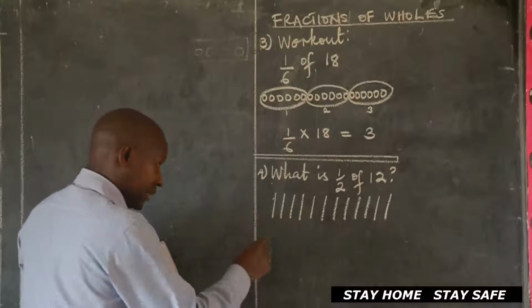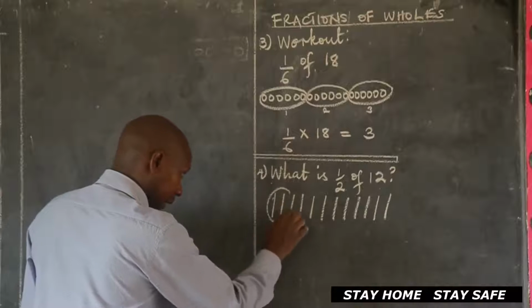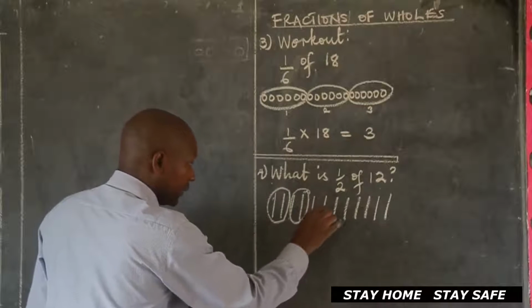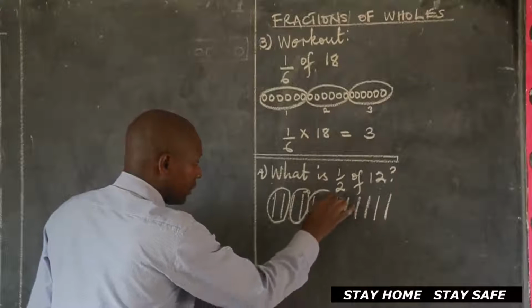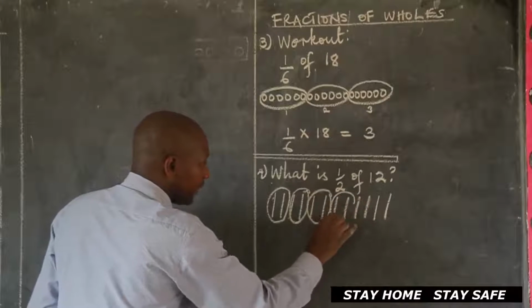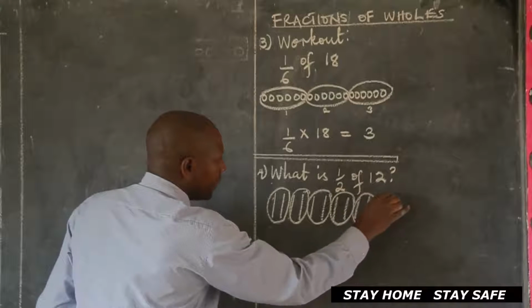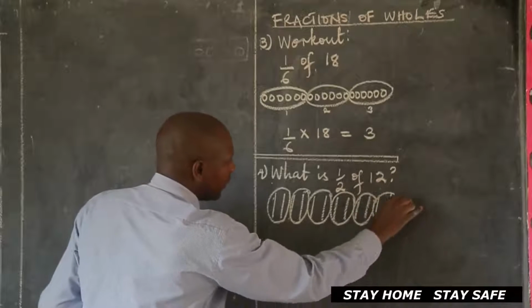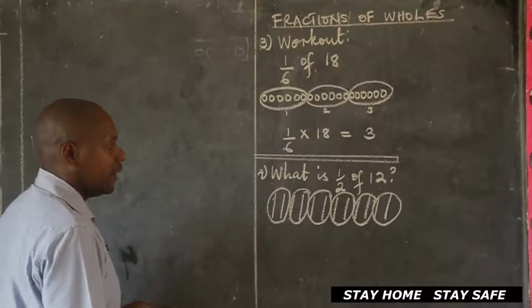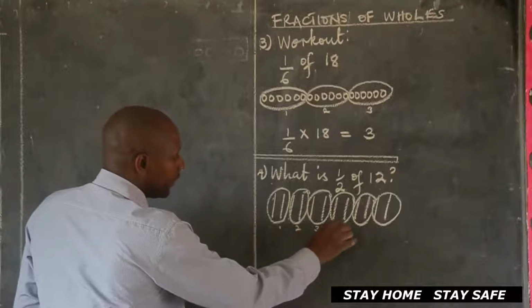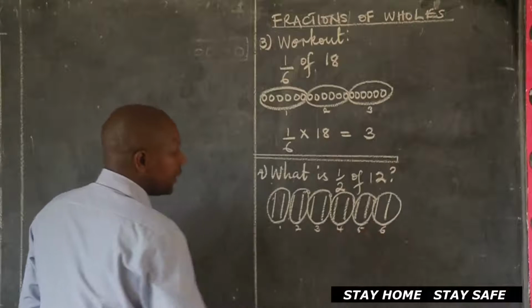You count 2, it's a group. 1, 2, another group. 1, 2, we have another group, and another, and another, until the last group, okay? Have you counted the groups you have formed? We have 1, 2, 3, 4, 5, 6.